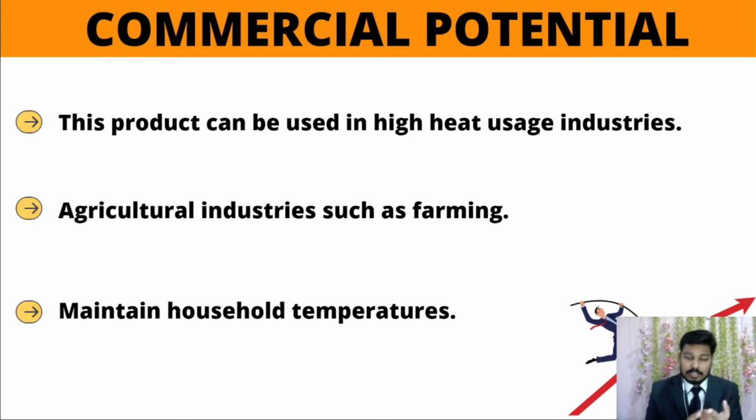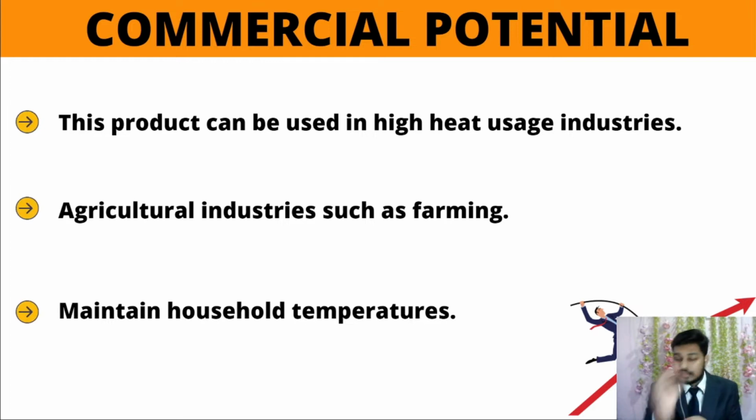The next commercial potential is again for agricultural industries, narrowing down to farming such as cow farming, goat farming, and any sort of farming. They require a specific temperature for their organisms to live healthily.